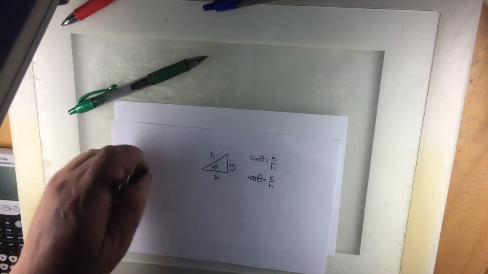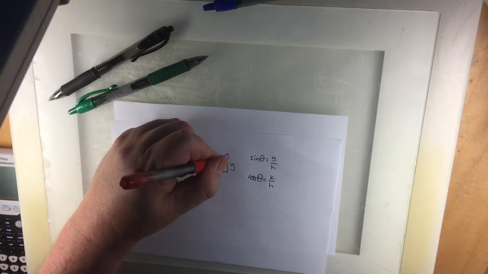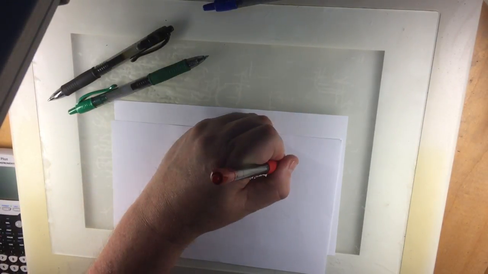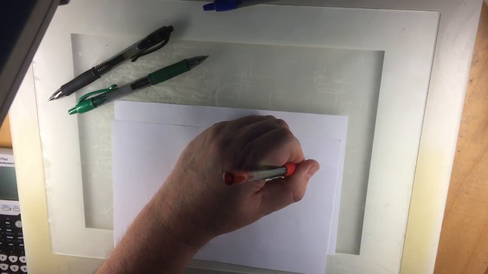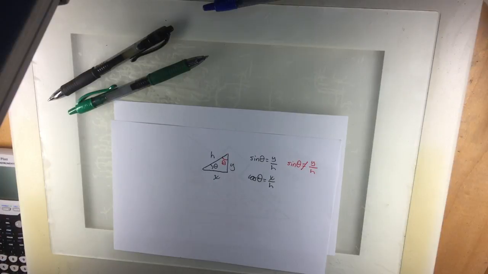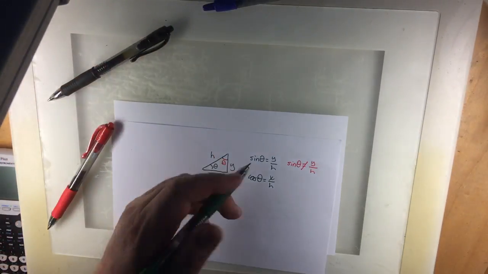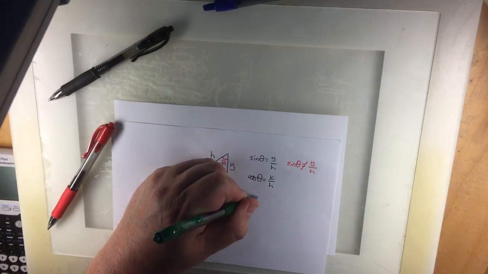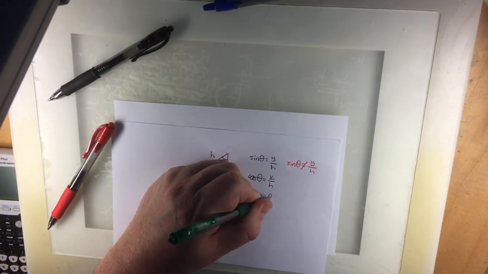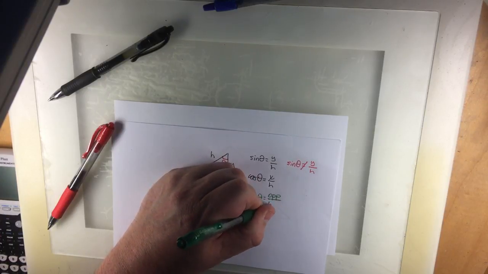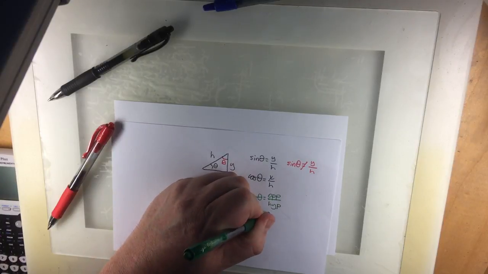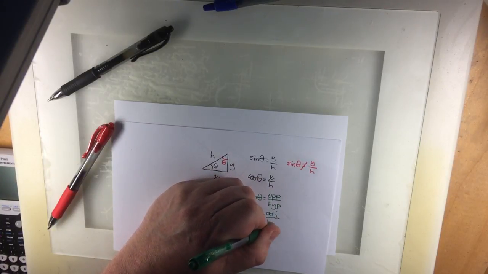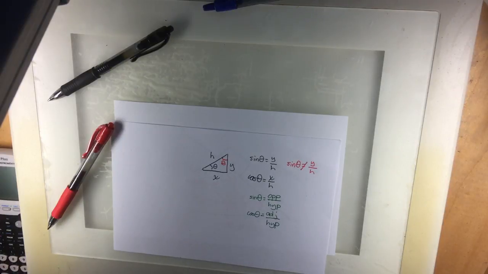But if I said, well, I want to talk about the red theta, sine of the red theta is not equal to y over h. It's just not. Because the true definition of sine is the length of the opposite side divided by the hypotenuse, and the length of the adjacent side divided by the hypotenuse is the true definition of cosine.